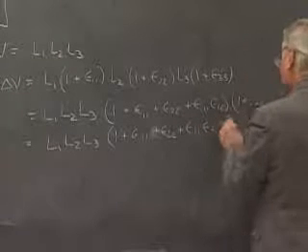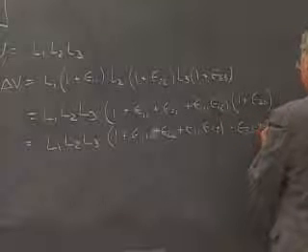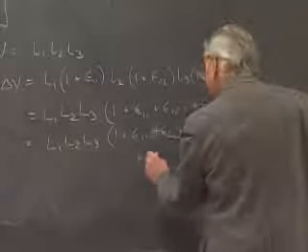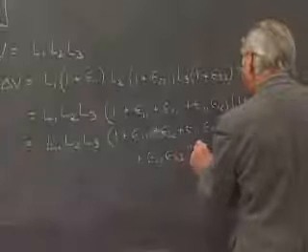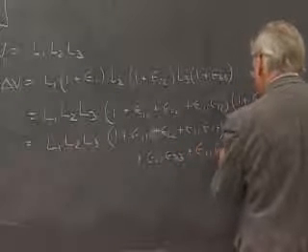And then the terms epsilon 3,3 plus epsilon 1,1 times epsilon 3,3 plus epsilon 2,2 times epsilon 3,3. And then a third order term, epsilon 1,1 times epsilon 2,2 times epsilon 3,3.